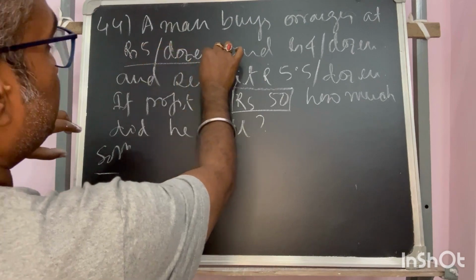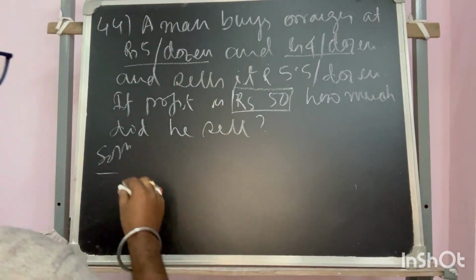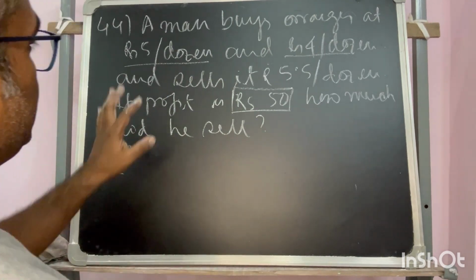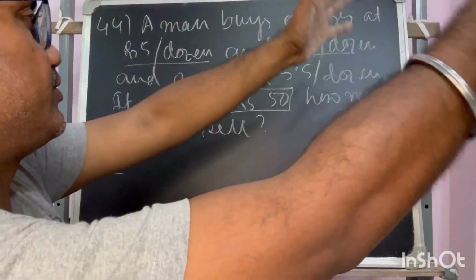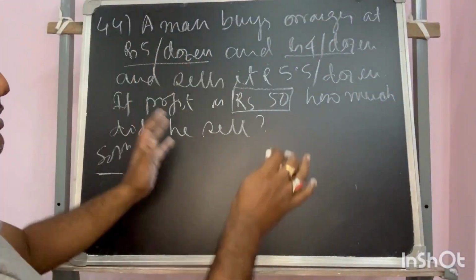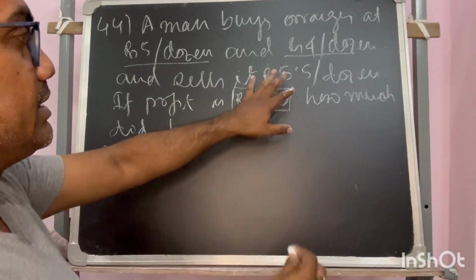They are saying this is the purchase and this is the selling. It can be understood this way: he is getting two different dozens at cost price from some market, and after accumulating, he sells both qualities at the same price.